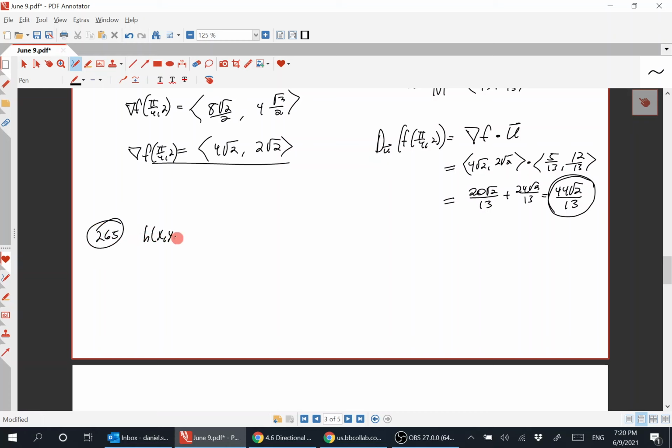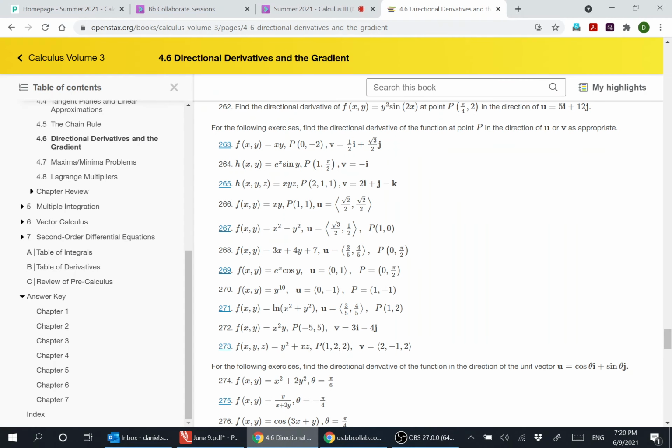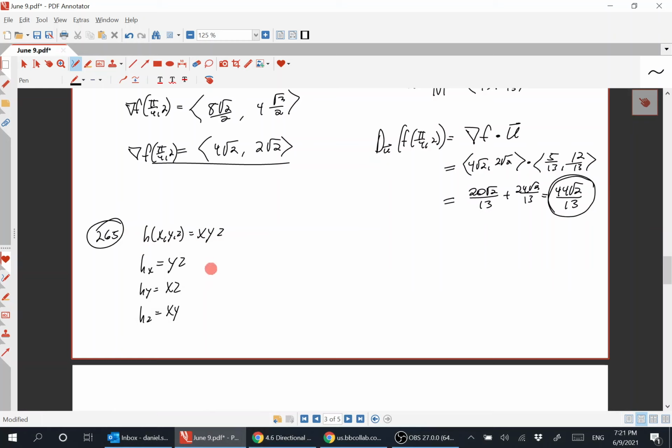So h of x, y, z is just x times y times z. Right, so h_x is yz, h_y is xz, h_z is xy. And the point we're looking at is (2, 1, 1).